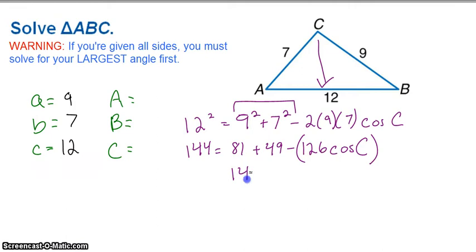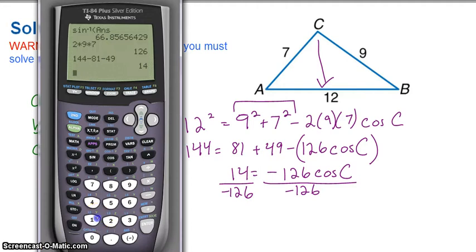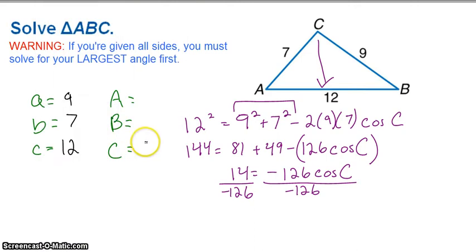So 14 equals negative 126 cosine of C. Divide both sides by negative 126, and then take the inverse cosine. And I get an angle of about 96 degrees. So C is 96 degrees.